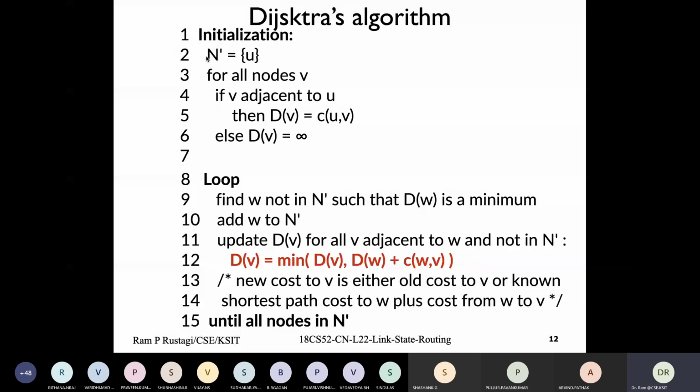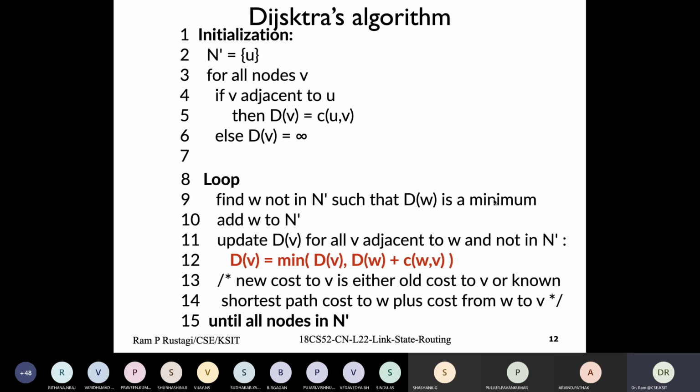When I start with the node u, I make N prime contain that node. After that, I keep looking at the nodes not in N prime which are closest to me, and add them to N prime. So I look at the node w which is not in N prime but whose dw is minimum, and I add that node w to N prime.